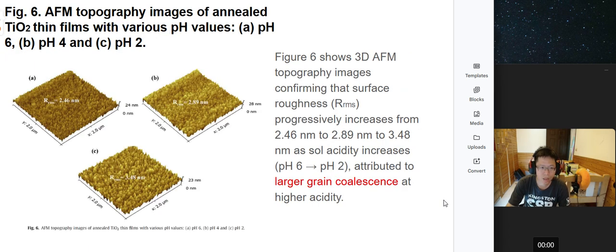The AFM topography imagery also shows that the roughness progressively increases when the sol acidity is increased, which is attributed to larger grain coalescence at higher acidity.